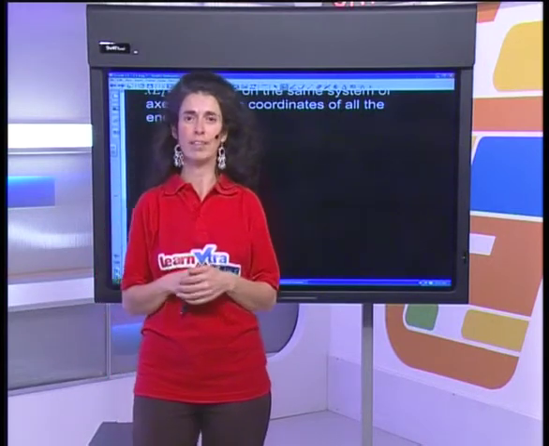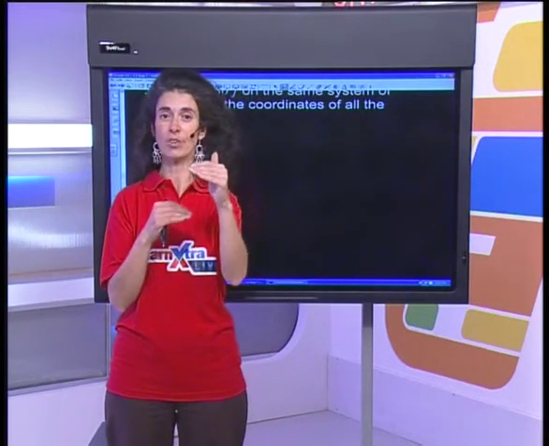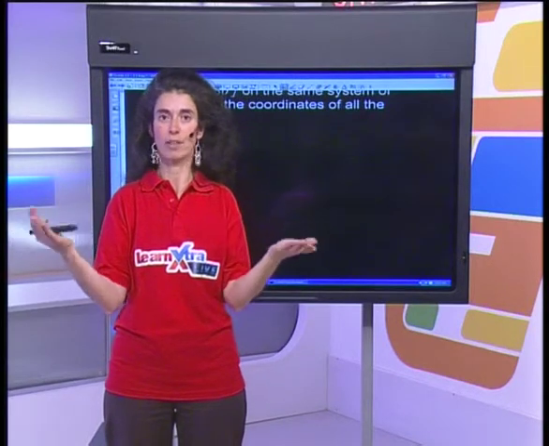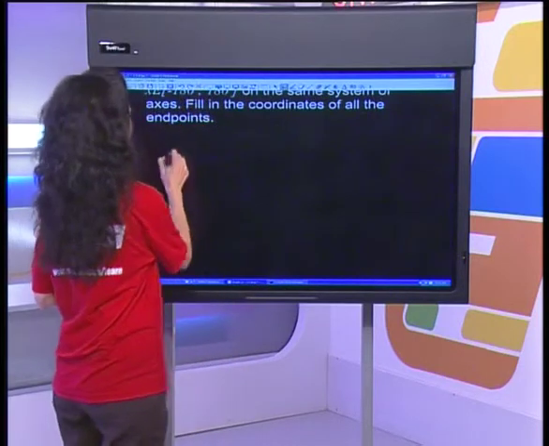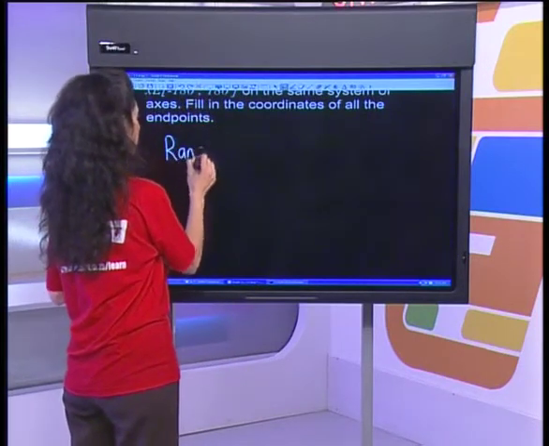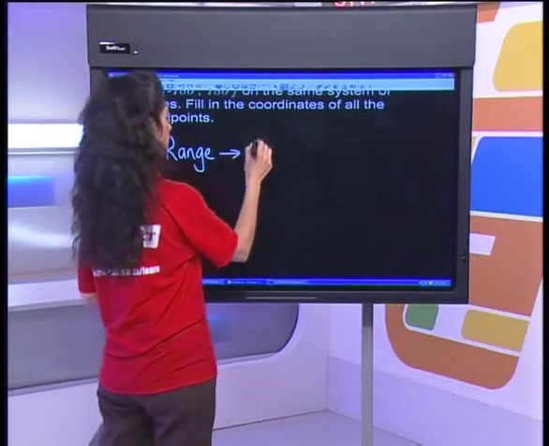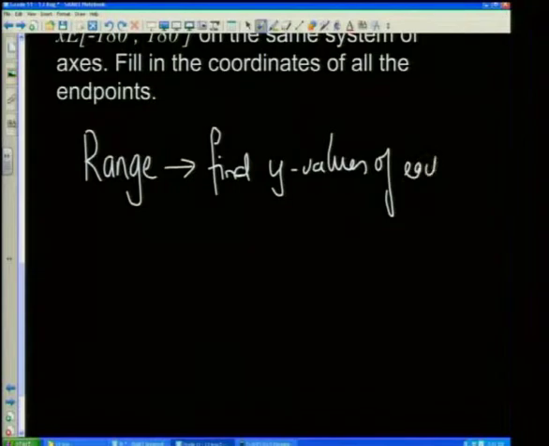The range, however, remember what the definition of range is. It's all the y values that that graph can have. So why not draw a picture and then determine what's my smallest y value, what's my largest y value. So to determine a range is always the question of defining that word range. So it's find the y values of each graph.